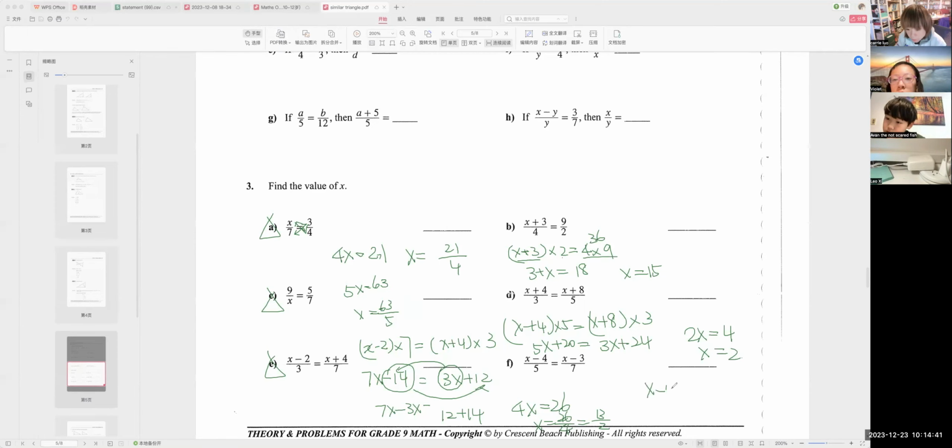Okay, next one, x minus 4 times 7 equals x minus 3 times 5, equals 7x minus 28 equals 5x minus 15. So 2x equals 13, so x equals 13 over 2.